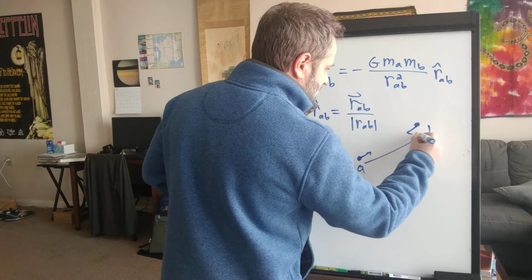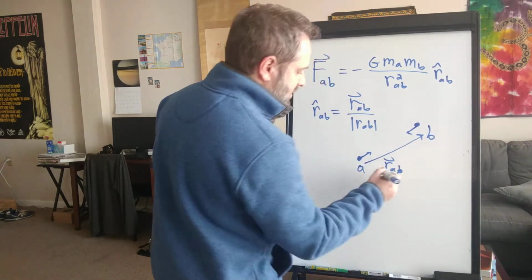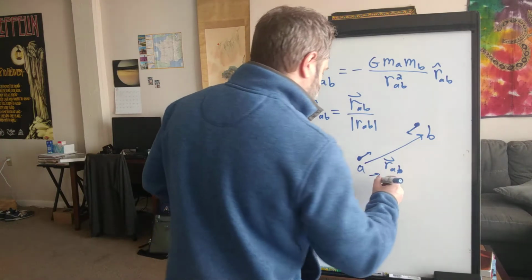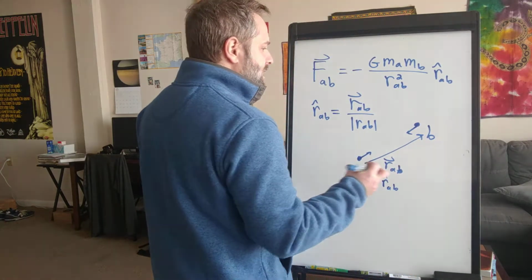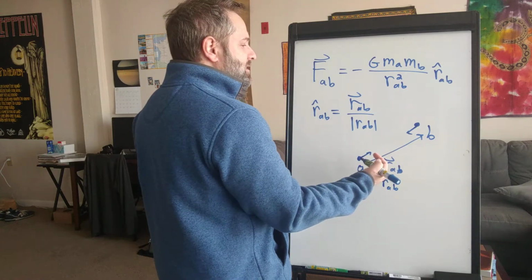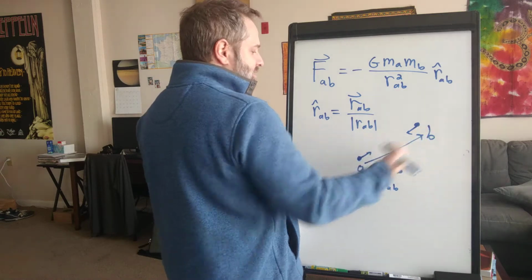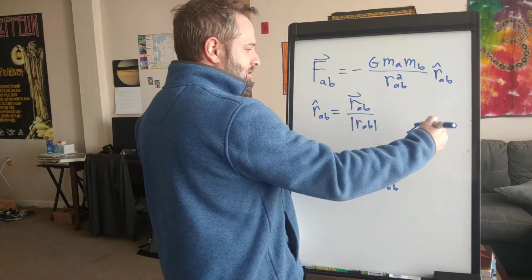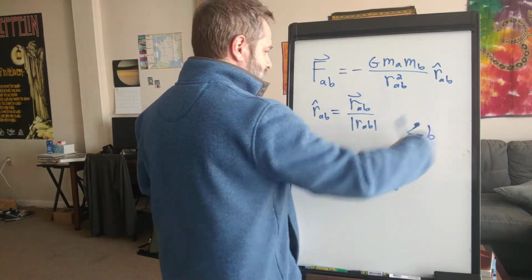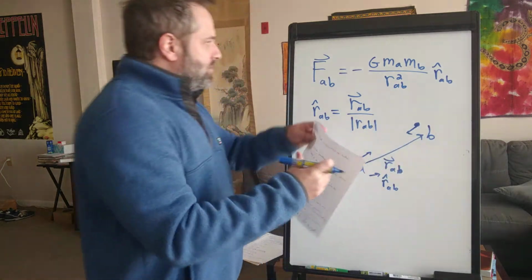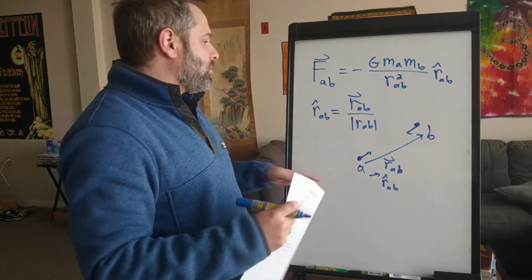So if this is my vector r_AB, right, then my unit vector, of course, points along that same direction. And the force of gravitation is in the opposite direction of that vector, right? So the force of B on A is going to be pointing in this direction here, right? So this negative sign is telling us gravity is always working inwards, towards the other object.